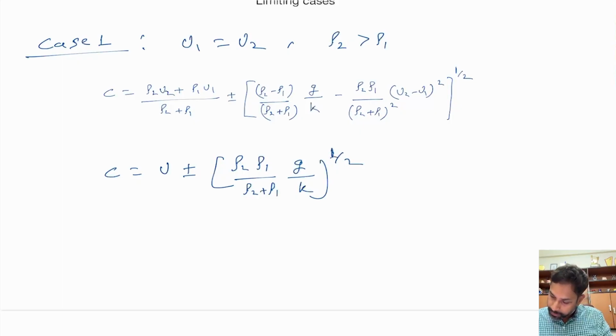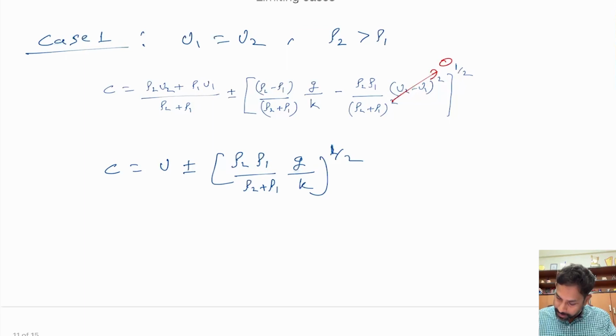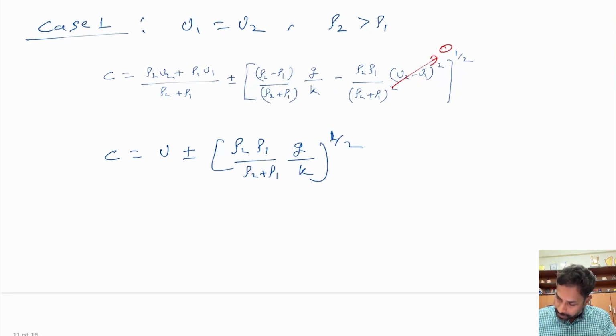Because this term basically becomes 0, right? And this actually means that this term is always positive. This is positive, that means C is always CR, and CI is equal to 0.